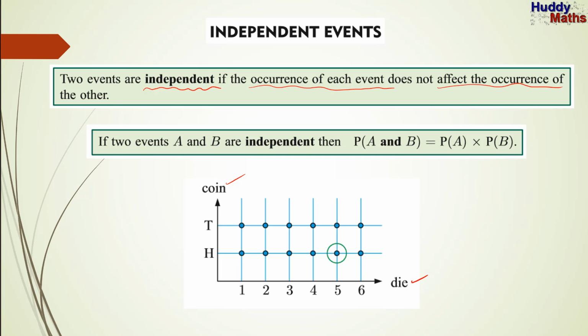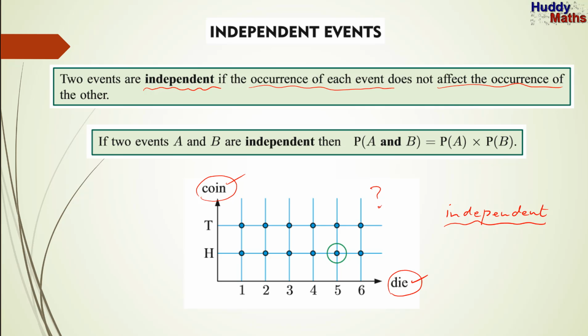So we're saying no matter what happens on the coin, that does not affect what happens on the die. So they are independent of each other. That's a very important idea here because it helps us work out probability without listing this all out.